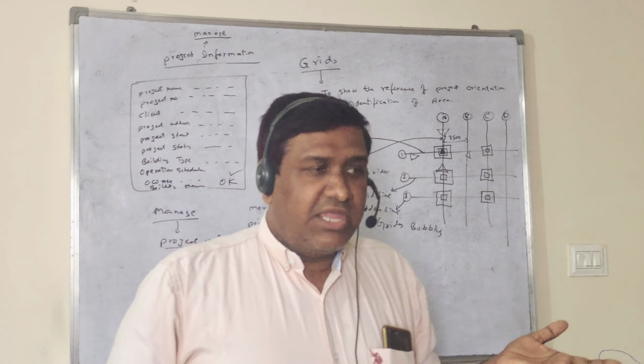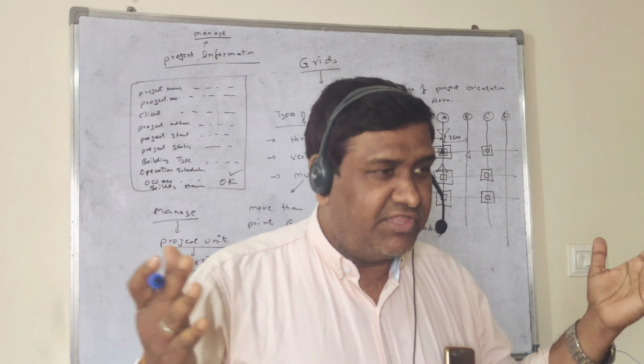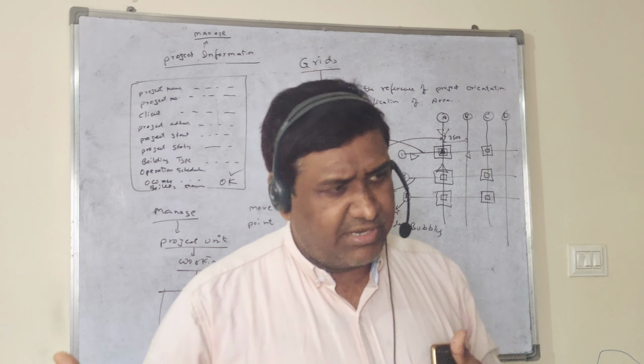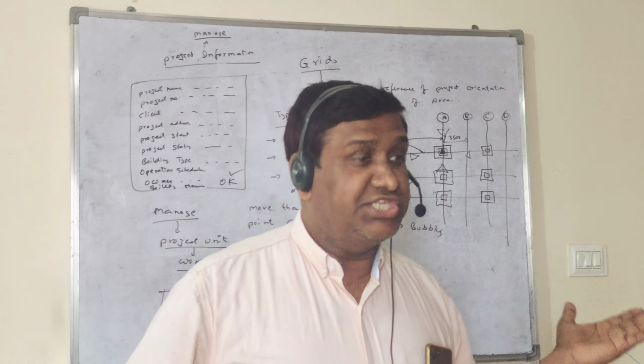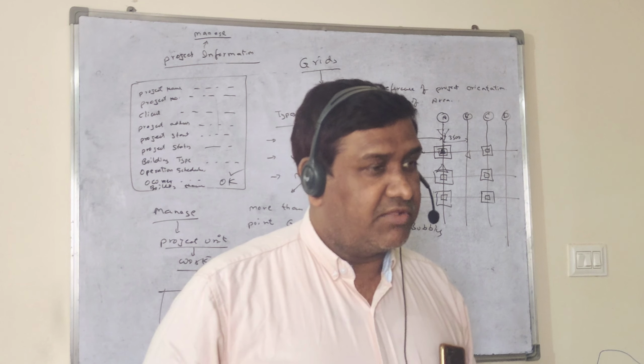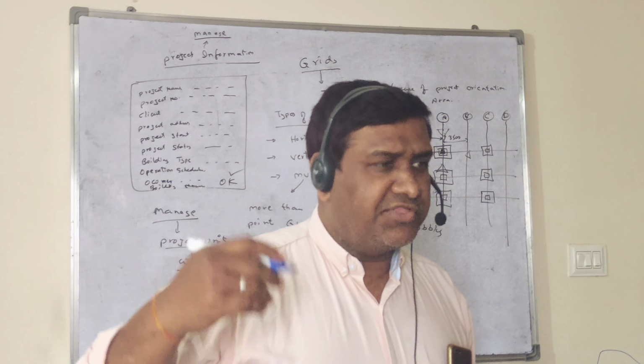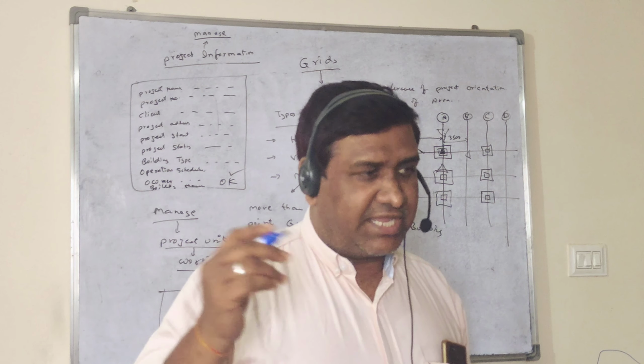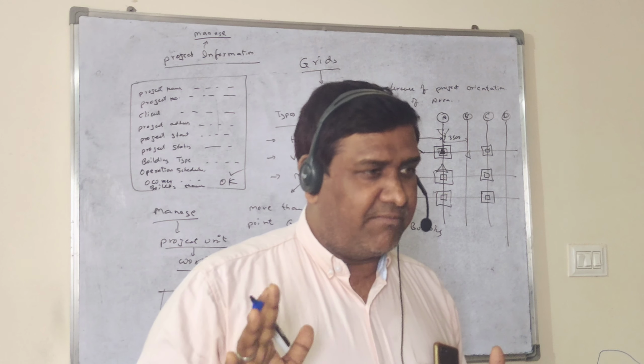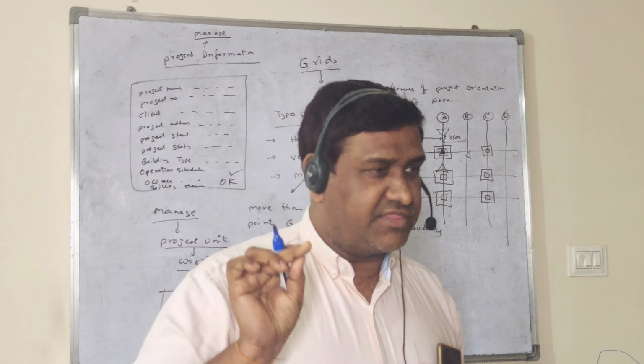Sometimes you are presenting with millimeter or meter or centimeter, but the client is asking for inches and feet. Already you have given some 90 mm or 75 mm, but the client says, no sir, I don't require mm, I need the values in inches and feet.